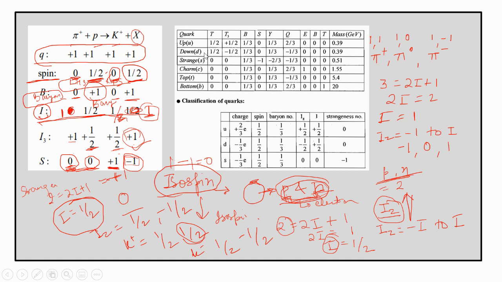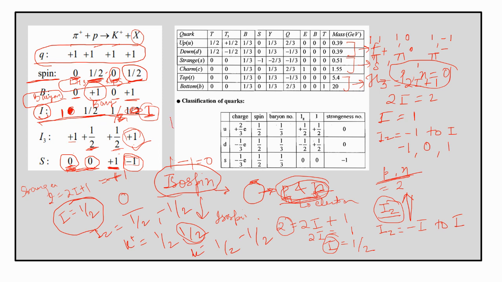Up and down are first generation quarks, these two are second generation, and these two are third generation. So proton and neutron do not have strangeness content, so strangeness will not come into the picture, only up and down.